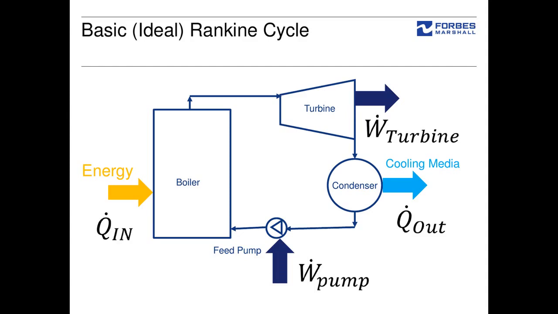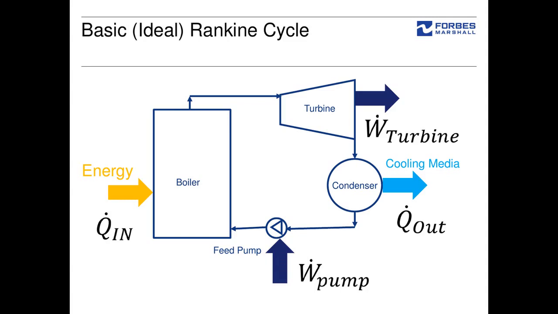Then in the second process, this steam is utilized in a turbine, a steam turbine or any steam engine, and work output is taken. After using this steam, the third process starts where heat is rejected to cooling media through the condenser, and the steam will condense to water again, so there is a phase change. In the fourth process, this water is again pressurized to boiler or steam generator pressure, so there is a work input.